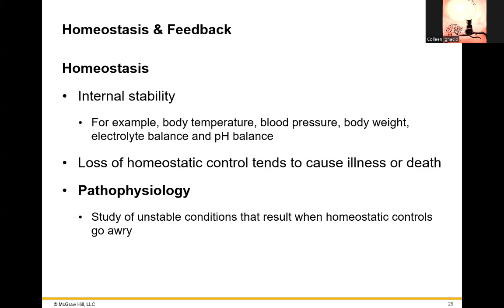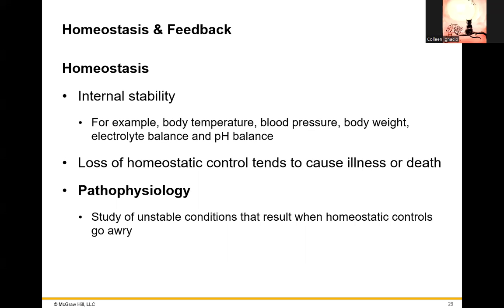So when we think a little bit more about homeostasis, that internal stability, that internal steady state, we're thinking of body temperature, blood pressure, body weight, electrolyte balance and pH balance, fluid balance. Those are all important things. When I think about fluid balance, I'm concerned about my patient being dehydrated, or I'm concerned about my patient that is retaining fluid.